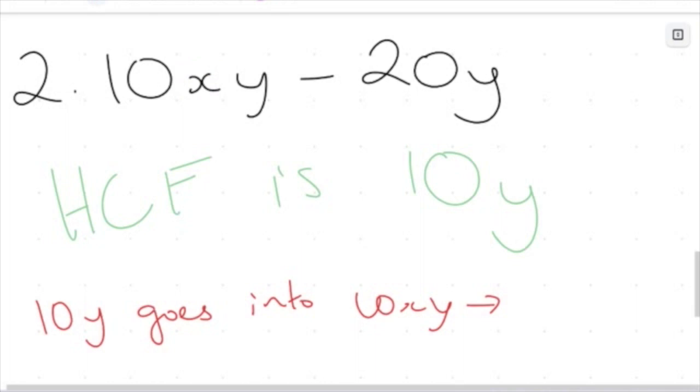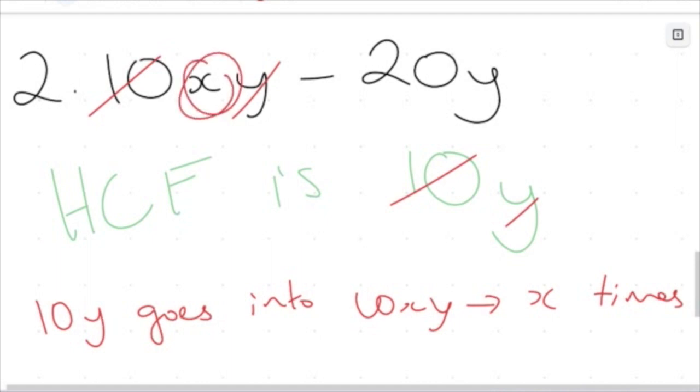So 10y goes into 10xy x times. Or in other words, when I divide 10xy by 10y, my 10s will cancel out, my y's will cancel out, and I'm left with x here. So I can say 10y goes into 10xy x times.